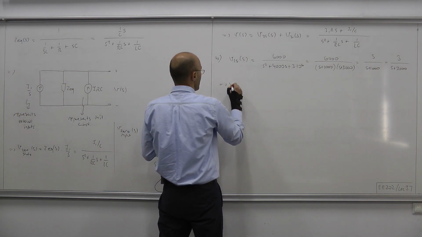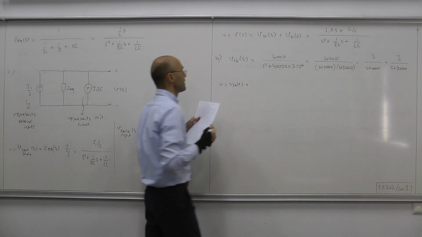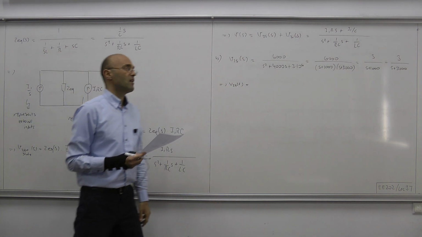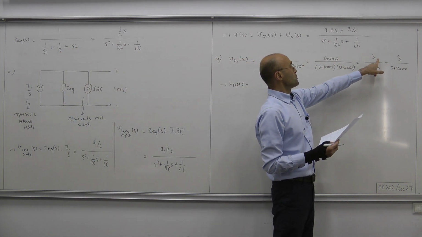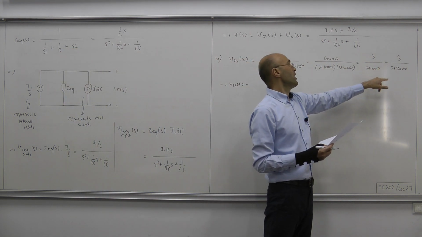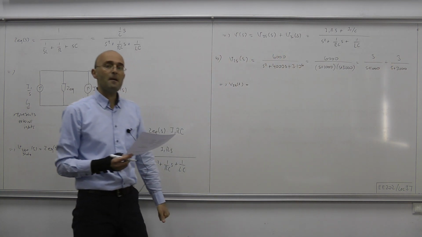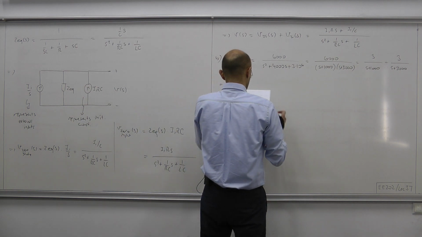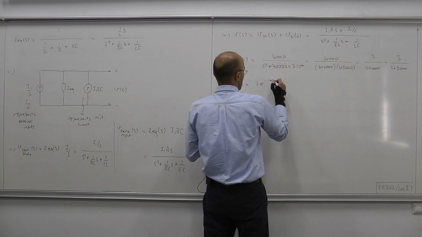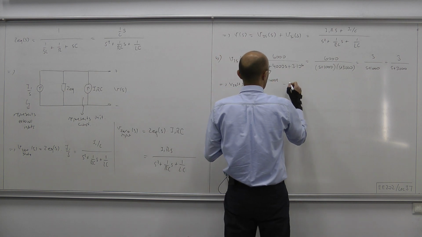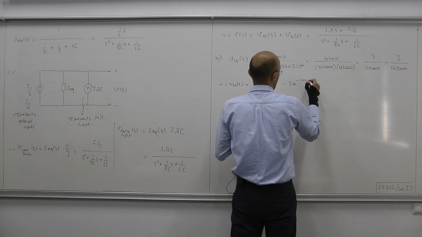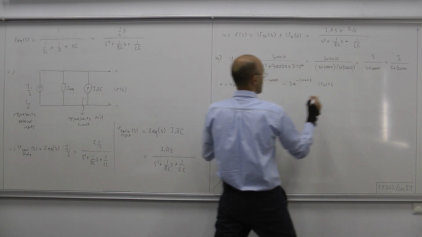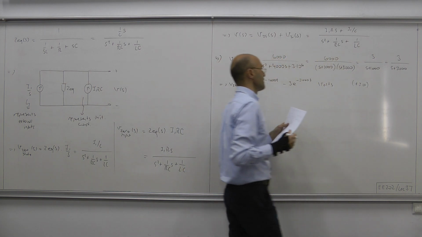So that's VZS of t, the zero state component of the voltage in time domain, which simply equals 3 e to the minus 1,000 t minus 3 e to the minus 3,000 t volts, for t greater than or equal to 0.